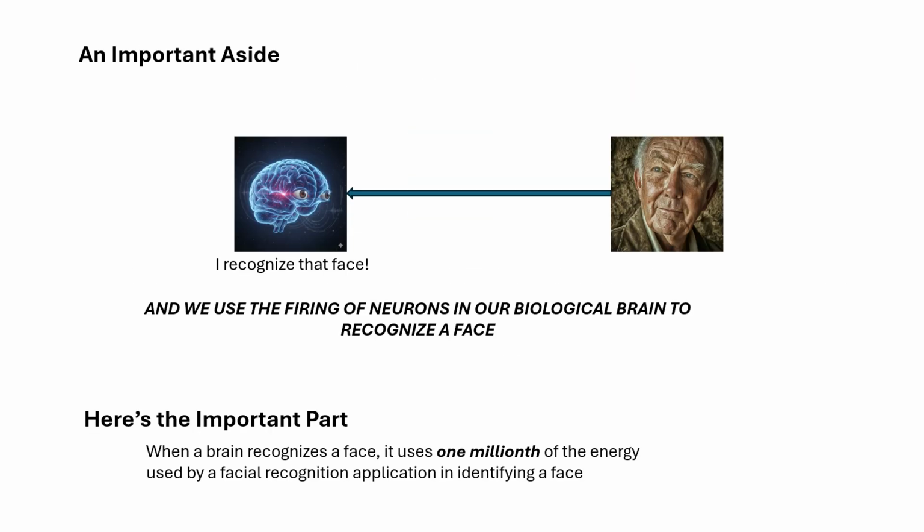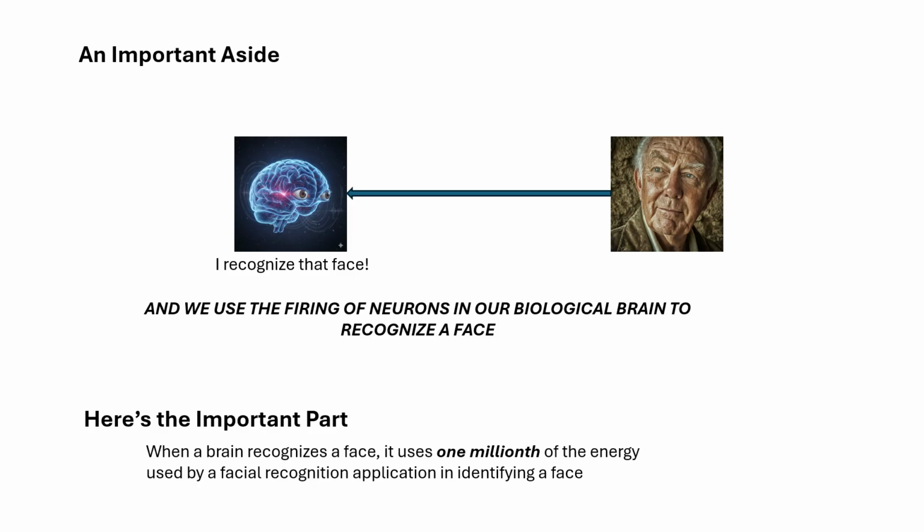There's another side that I'd like to mention, that when we recognize a face, we're using the firing of neurons in our biological brain to recognize the face. And we can recognize that face over a crowded cocktail room of someone that's 100 feet away.